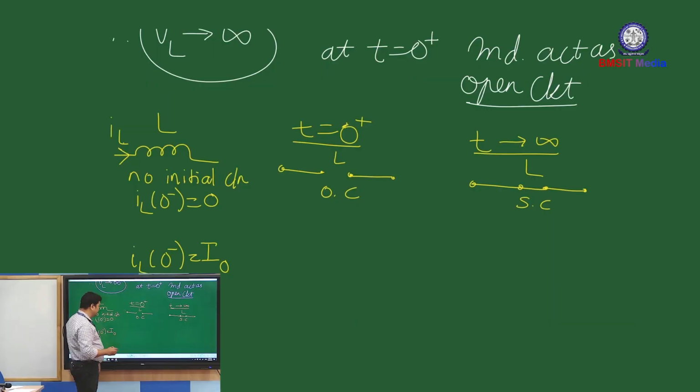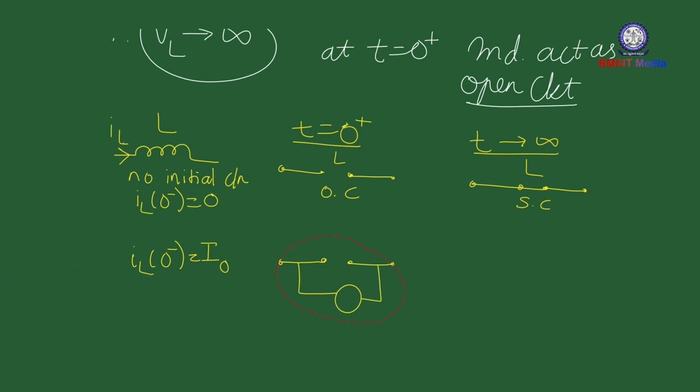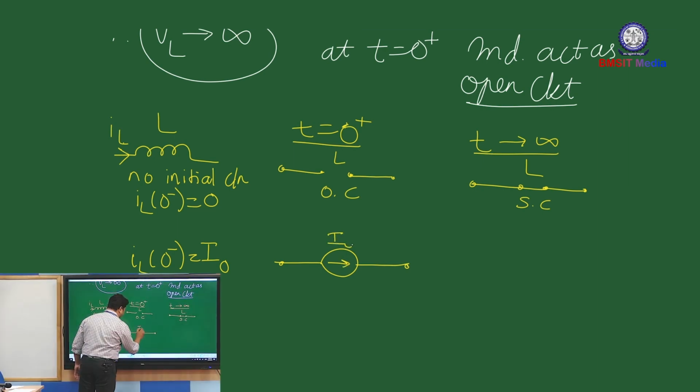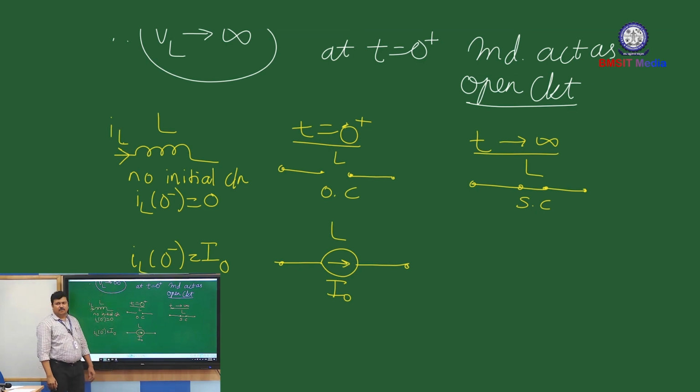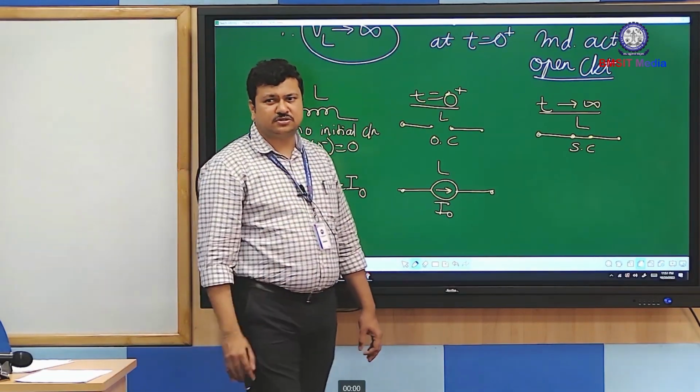Therefore, the inductor is behaving as a current source across the open circuit. Or if it is confusing, we will take out the open circuit itself. The inductor is behaving as a current source. Don't worry about the direction. It is a current source of value I naught, because there is some initial current I naught without application of voltage. So definitely that should be a source.